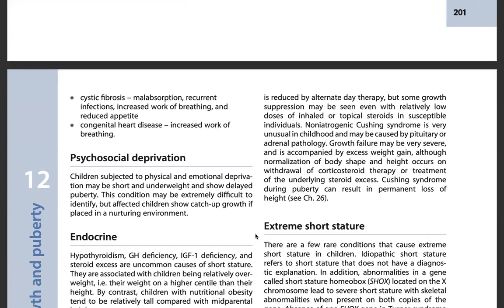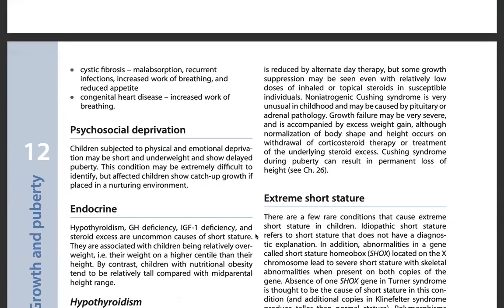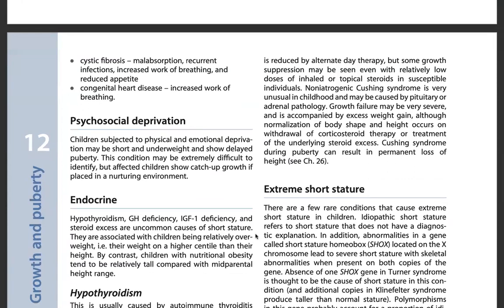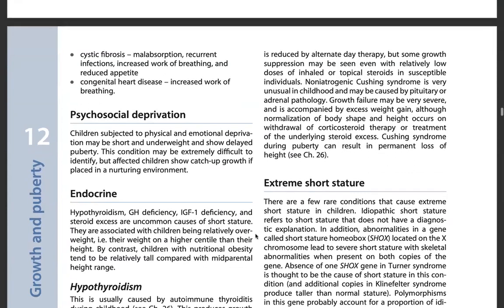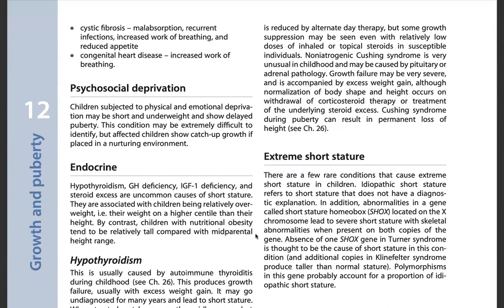Non-iatrogenic Cushing syndrome is very unusual in childhood and may be caused by pituitary or adrenal pathology. Growth failure may be very severe and is accompanied by excess weight gain, although normalization of body shape and height occurs on withdrawal of corticosteroid therapy or treatment of the underlying steroid excess. Cushing syndrome during puberty can result in permanent loss of height.